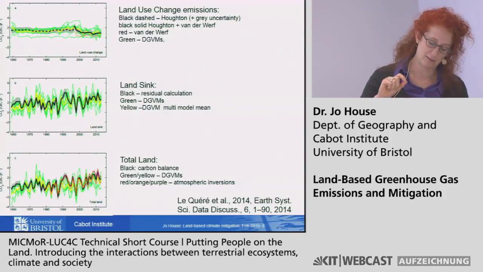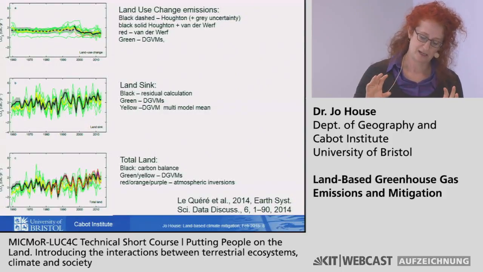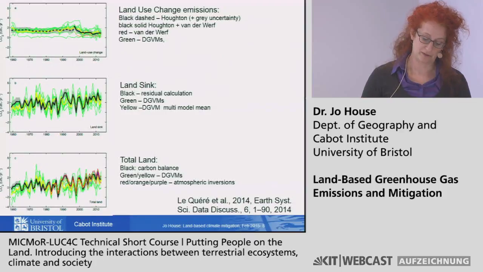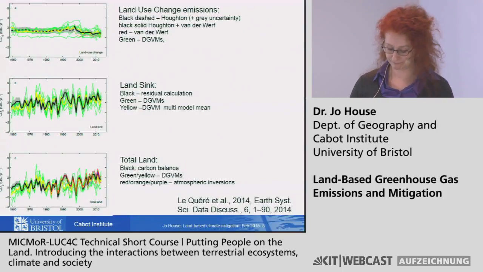When the atmospheric inversions separate out the ocean and the land, they actually also come up with quite a similar pattern to our residual budget. So it's just another line of evidence confirming that we can know what's going on, hopefully.